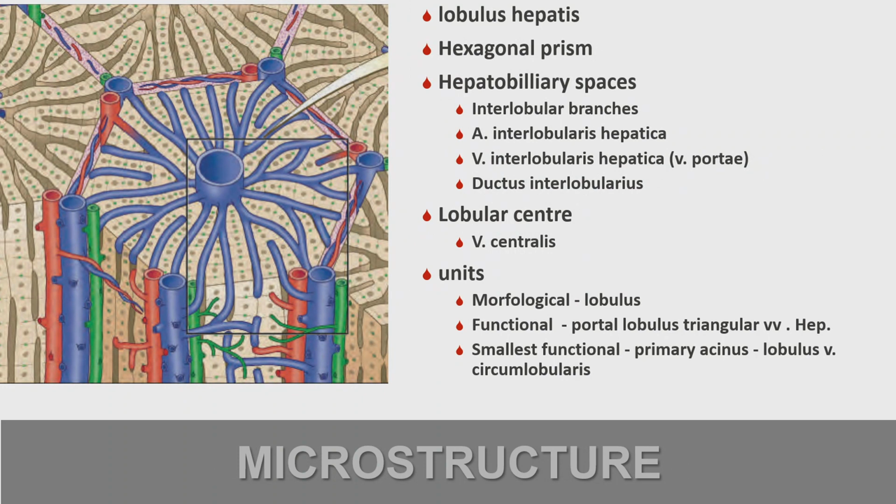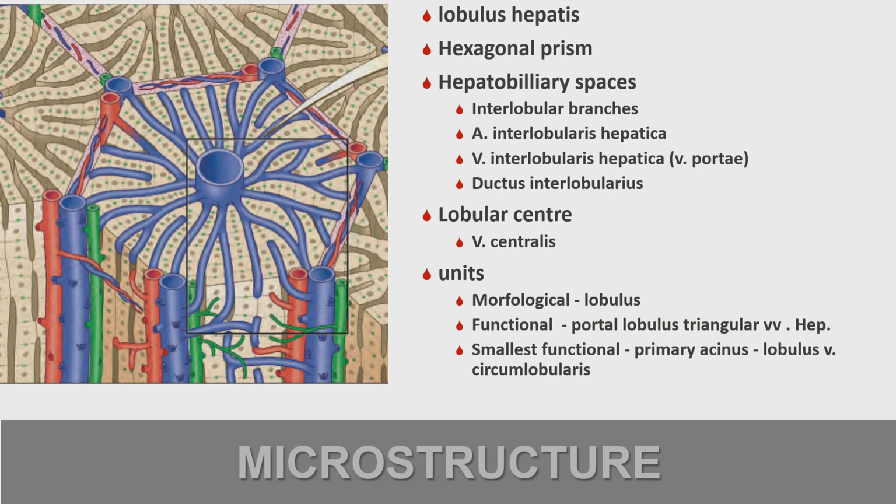The structure of the liver you will meet multiple times in the future in other specialties, especially in histology and physiology. And also very important, you will note this structure in pathology, because there are many critical points where pathological situations could occur.